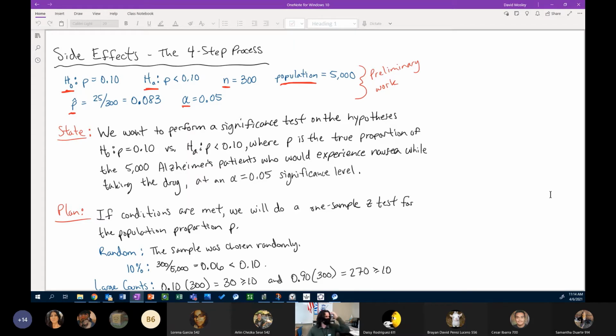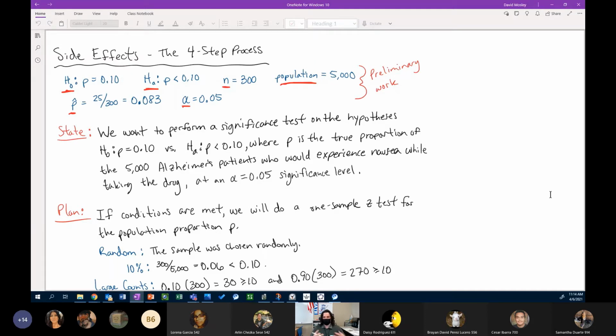And so then we state, this is step 1. We want to perform a significance test on the hypotheses H0 such that p equals 0.1 versus the alternative hypothesis such that p is less than 0.1. What our researchers want to find evidence for is that less than 10% of the people who take this Alzheimer's drug will get nausea.